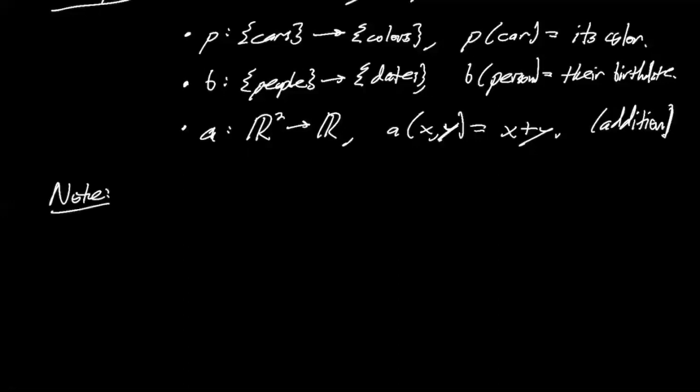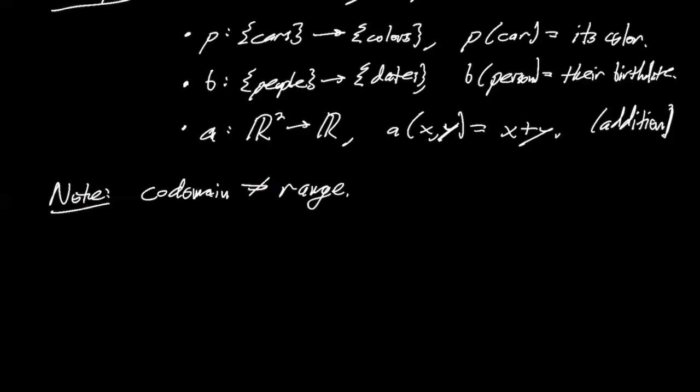This word codomain I used for the set of possible outputs, that is not the same as range. You've probably heard the word range before for the outputs of a function. But let me just say it this way. Codomain, it's kind of like before you even start thinking about a function, even just to define a function at all, you have to say what kind of things are output. Are they real numbers?